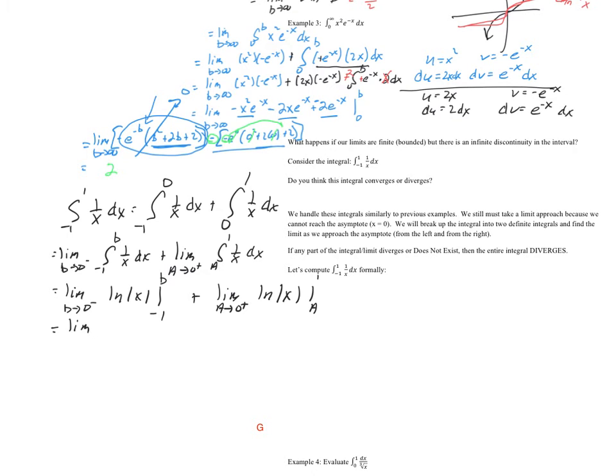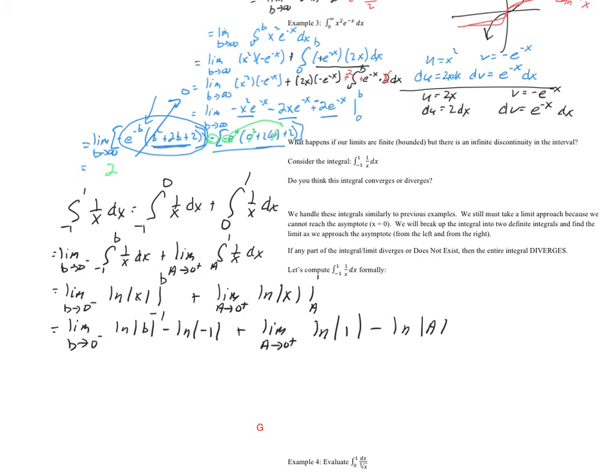So a lot of this is just copying things down for notation so we don't lose information. So I'm going to have the natural log of the absolute value of b minus the natural log of the absolute value of negative 1, plus my limit as a approaches 0 from the right, the natural log of the absolute value of 1 minus the natural log of the absolute value of a.